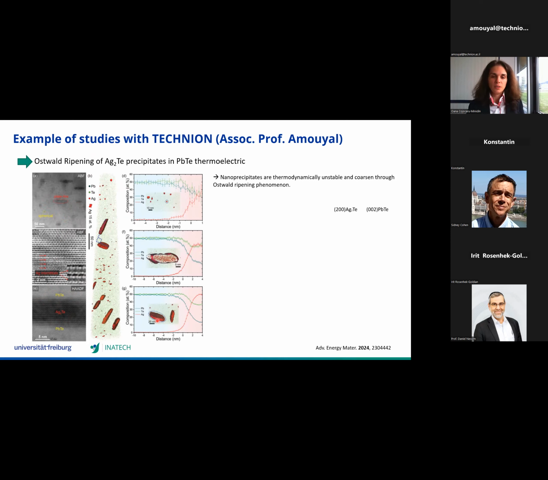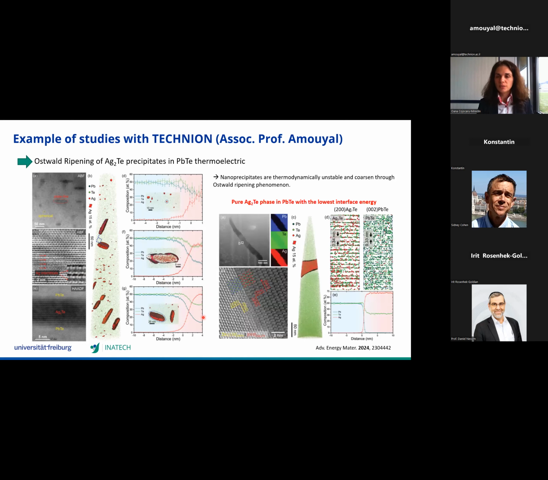And then we have the bigger ones. You see here the scale bar has strongly increased, and also the silver concentration increases. We could even see at the end really big precipitates, which correspond to silver telluride precipitates.